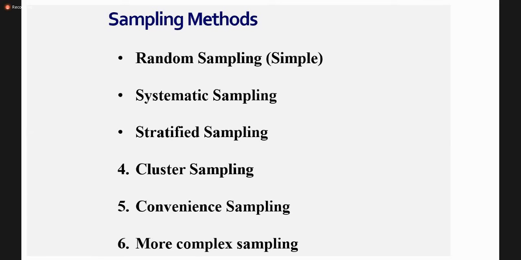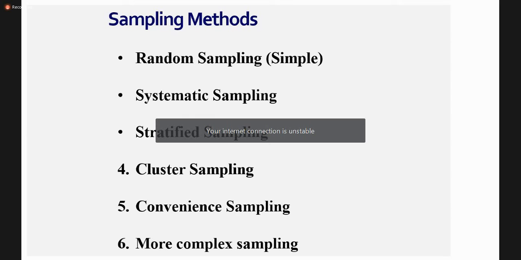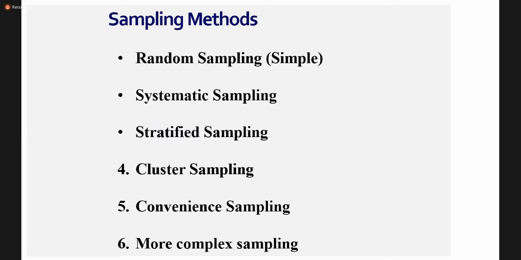The more complex sampling methods are usually not advisable for clinicians because they are working in the clinic or hospital environment, and more complex sampling methods are usually more appropriate for large population samples or large geographical areas.